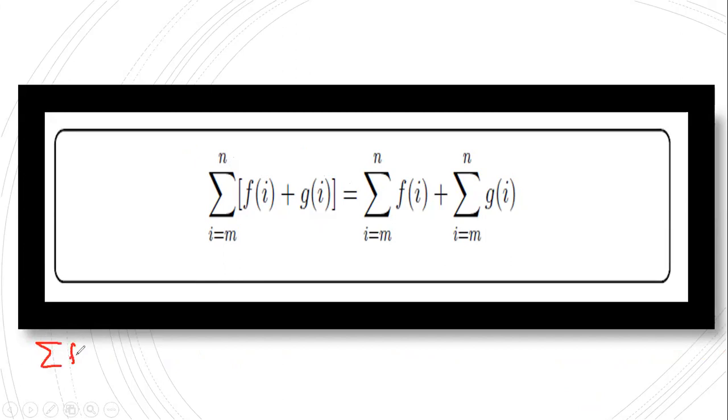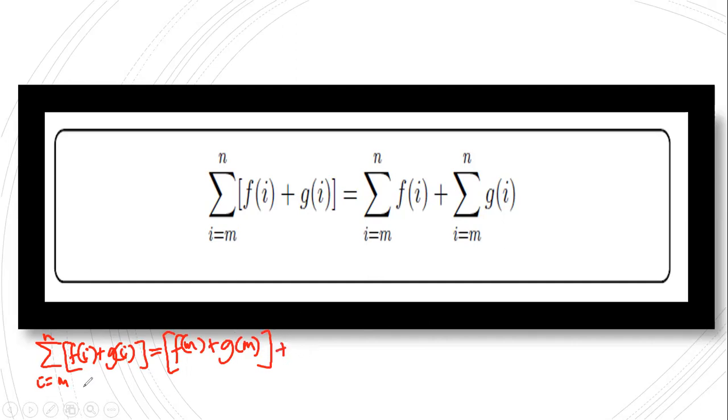First, when I is equal to m, you will have f of m plus g of m. That is the very first term.